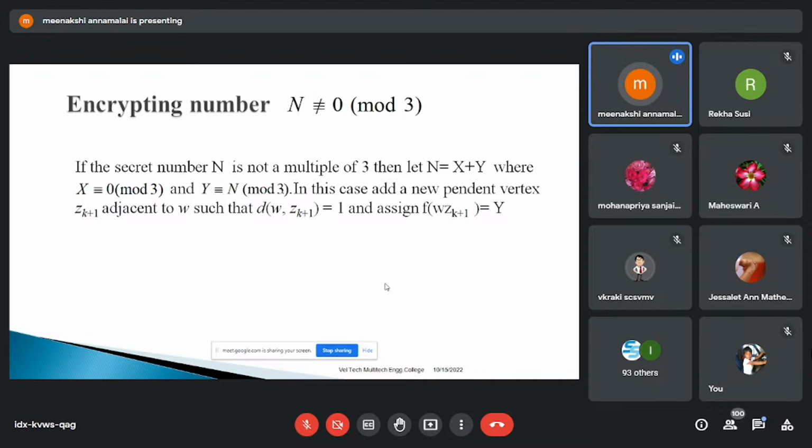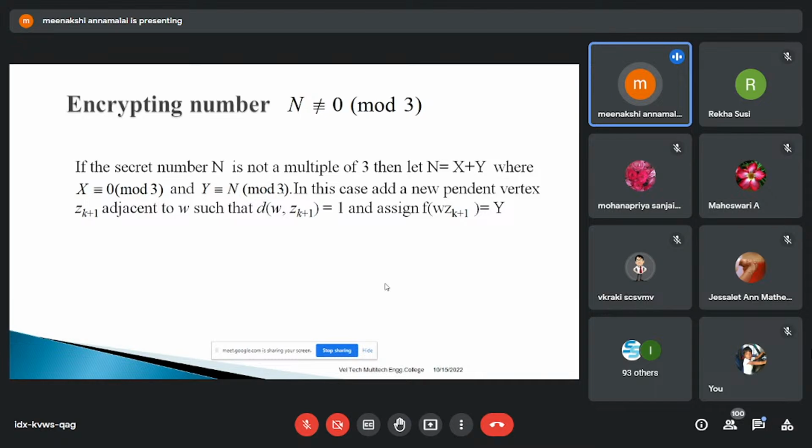Here we are seeing an example. Here I'm considering N which is not divisible by 3. So I'm taking 401, which is not divisible by 3. So I have to split it into two numbers.